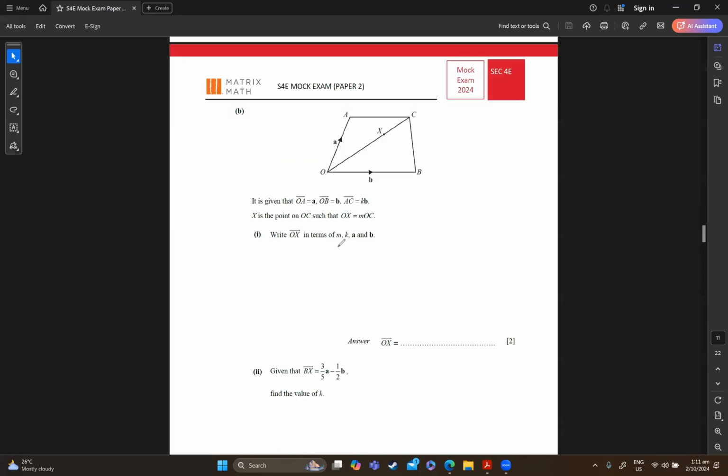OX in terms of M, K, A, and B. So before you find OX, it is a scale factor of OC, right? So go and find what OC is first. Okay, so how do you travel to OC? Go from O to A, then A to C. So write down OC equals OA plus AC.